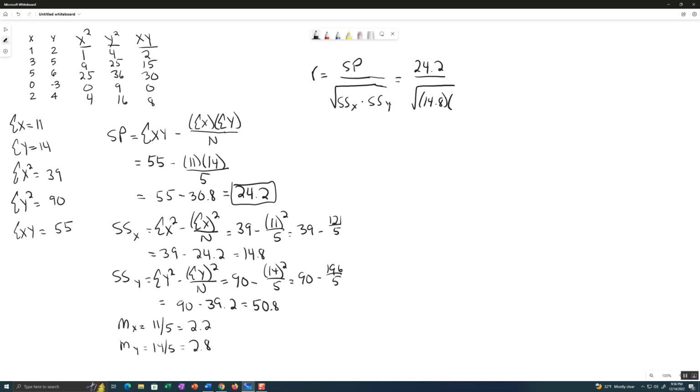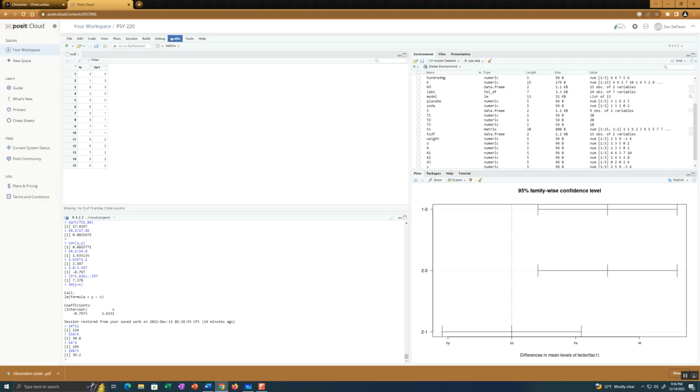Sum of square y is 50.8. So this gives us 24.2 over those things. When I multiply 14.8 times 50.8, 751.84.